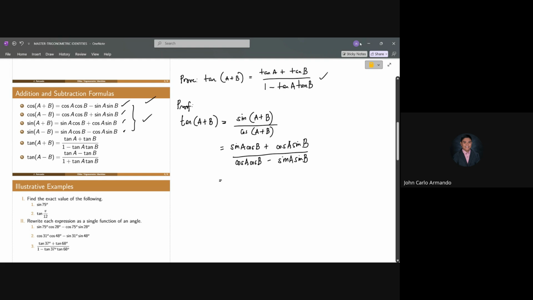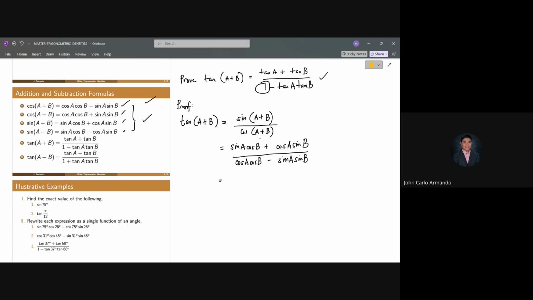Look at this one, this value 1. What will you do to this one so that it becomes 1? Simply, you can divide this by this, right? Because dividing an expression with itself will give you 1. So, you are going to divide all the terms by cos A cos B. Okay?